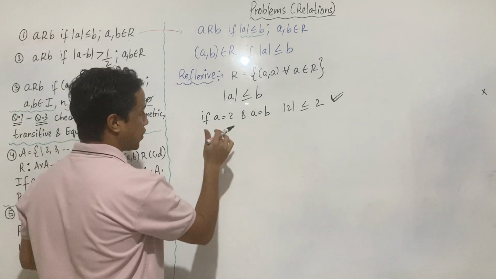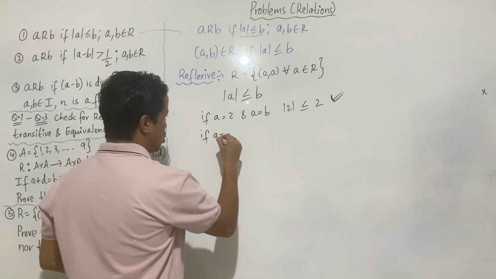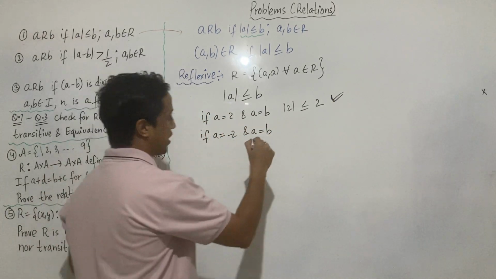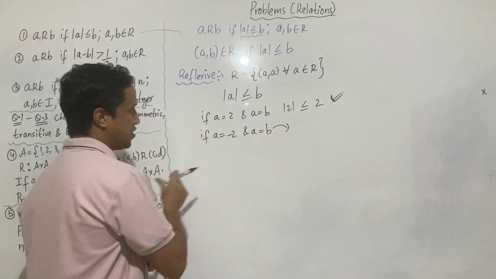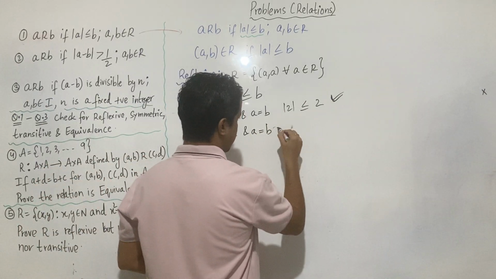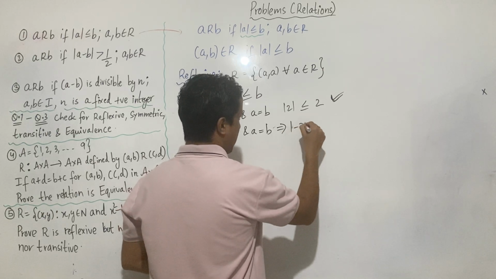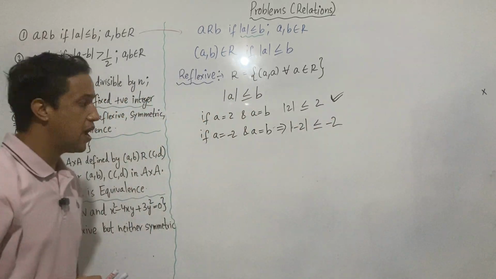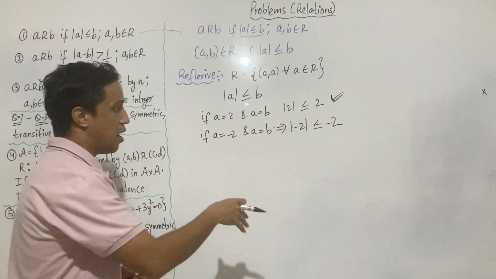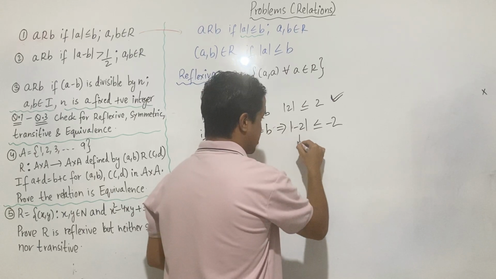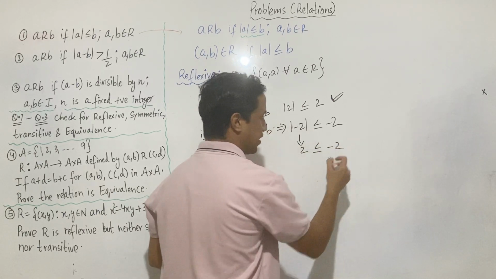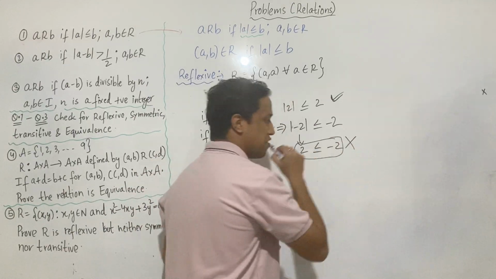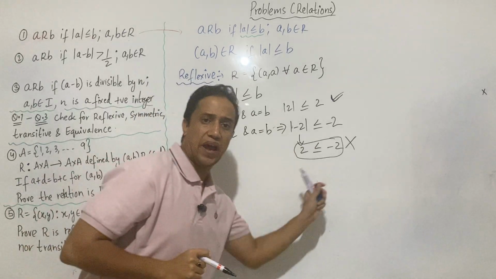If you take a to be negative, say a equal to b equal to minus 2, what would happen? It implies that |-2| is less than or equal to -2, right? Because a is equal to b. Now, |-2| is 2, and it is less than or equal to -2. This thing is not correct. This is not valid, right?